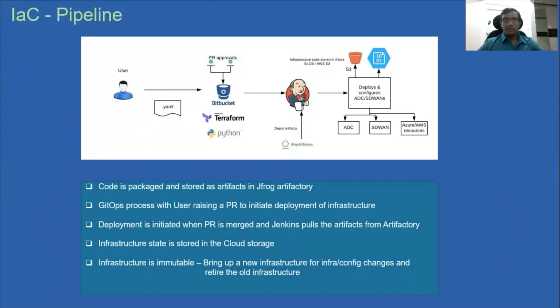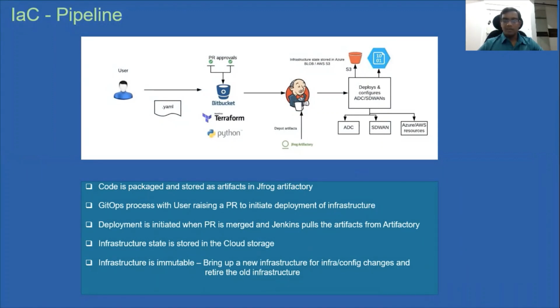So this is a brief introduction of our pipeline, which is declarative, starts with the user, and then the entire pipeline is completely automated with no manual intervention. And again, the infrastructure is immutable.